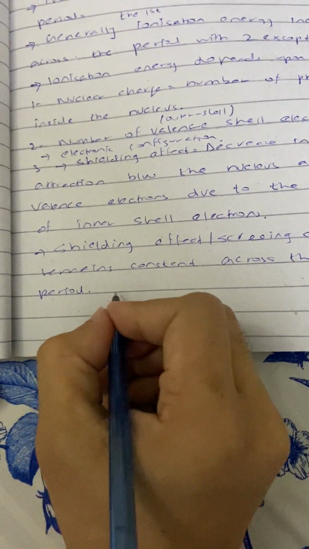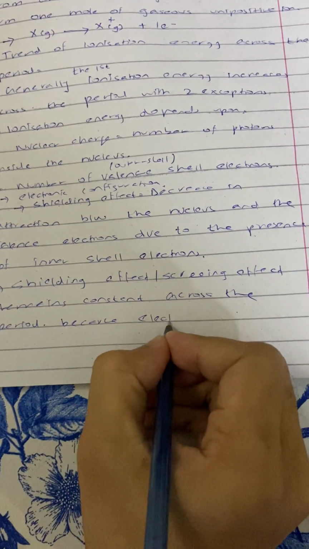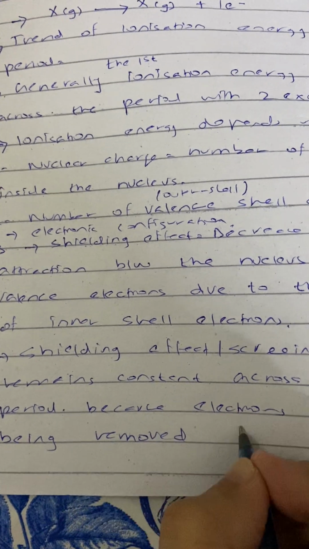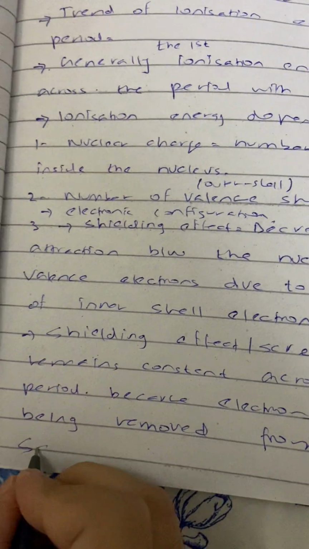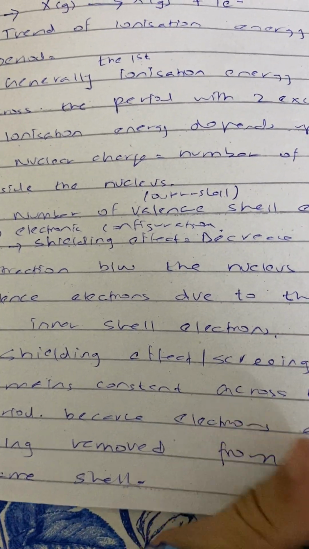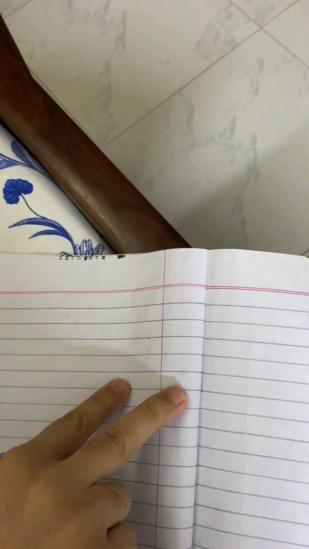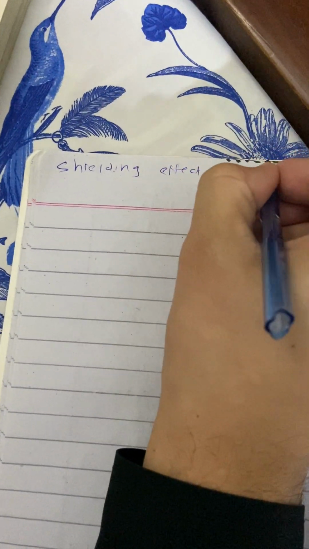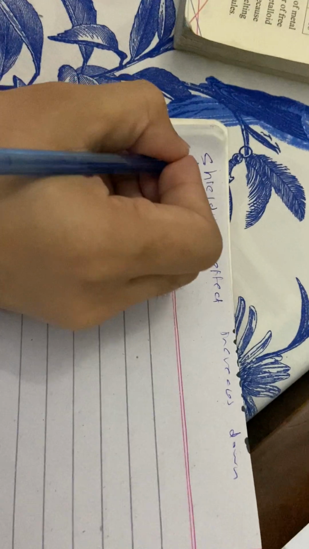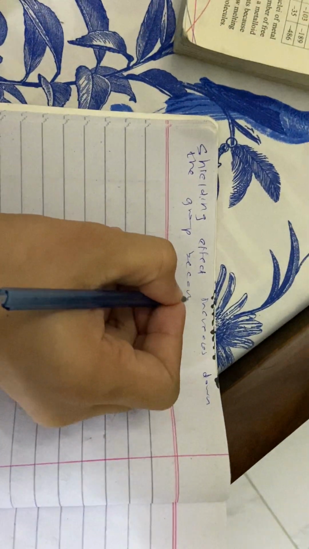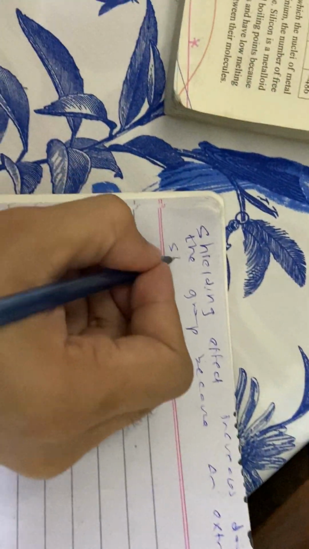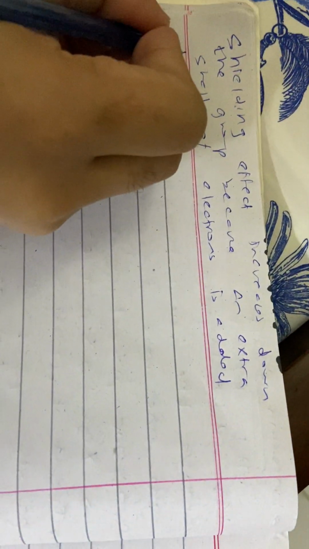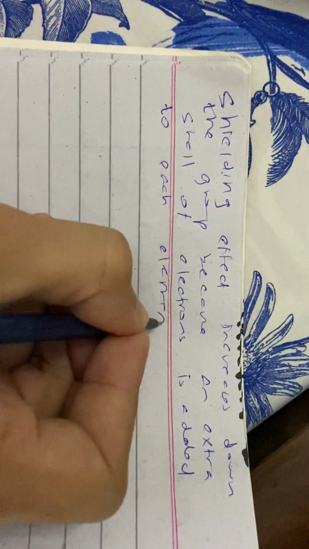It remains constant across the period because electrons are being removed from the same shell, whereas shielding effect increases down the group because an extra shell of electrons is added to each element when we are going down the group.